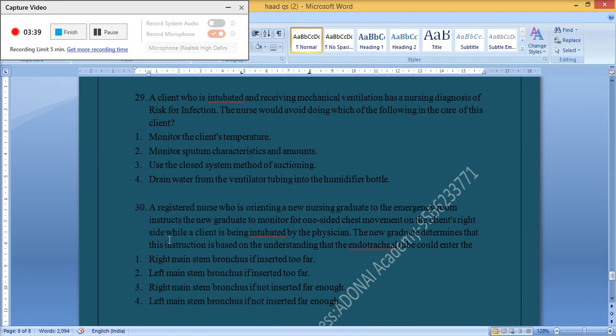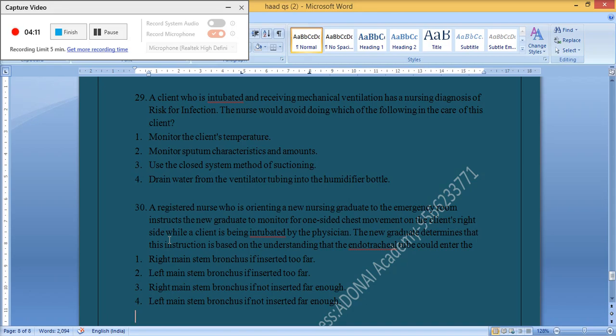30. A registered nurse who is orienting a new nursing graduate to the emergency room instructs the new graduate to monitor for one-sided chest movement on the client's right side while a client is being intubated by the physician. The new graduate determines that this instruction is based on the understanding that the endotracheal tube could enter the: 1.